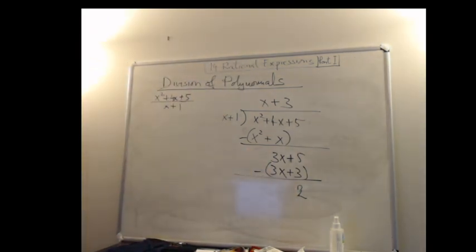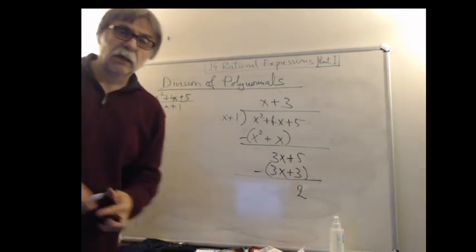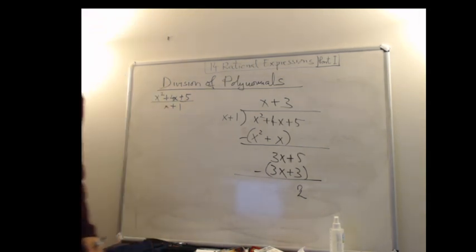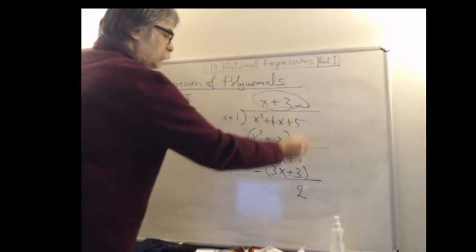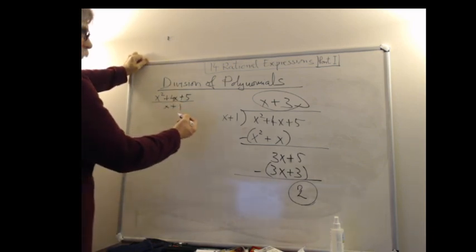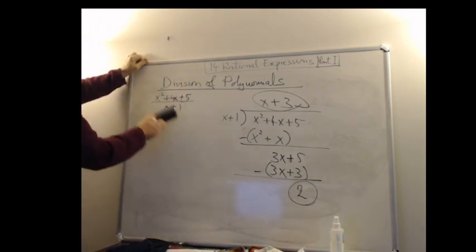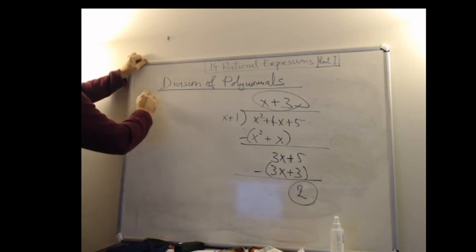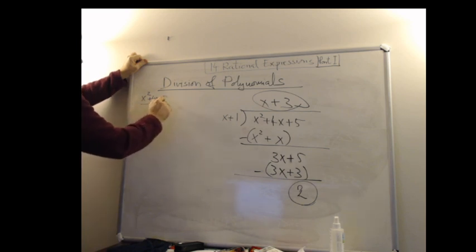Now the question for you, is division over? Yes. The degree of this guy is 0. How many variables does he have? 0. Degree is 0. Degree of this guy is 1. That's a remainder. So this is your quotient. This is your remainder. So now you can say, I wanted to divide this. What do I have?